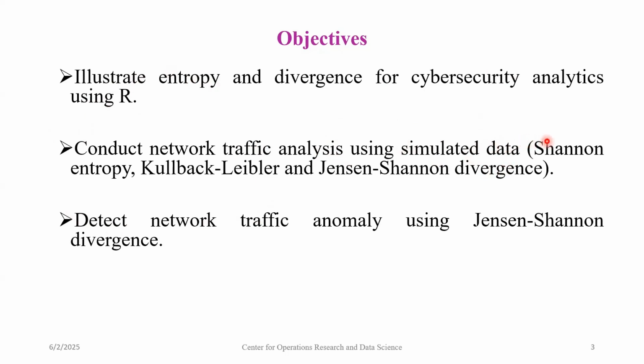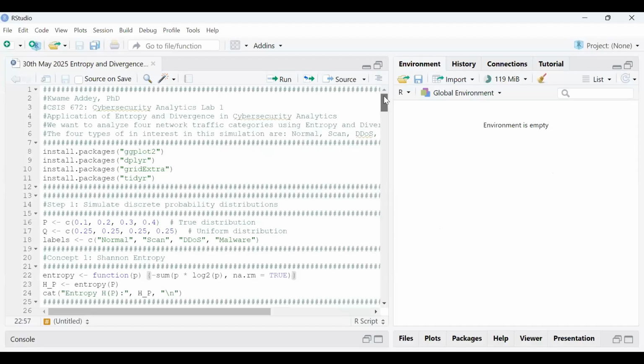We will focus on Shannon entropy and then Kullback-Leibler and Jensen-Shannon divergence. In addition, we will also employ the Jensen-Shannon divergence to detect network traffic anomalies. So with that being said, we can jump straight into our codes.